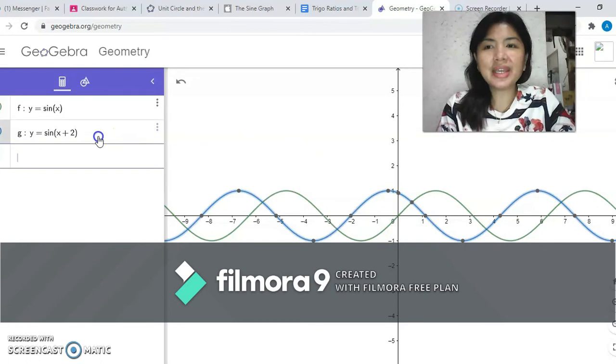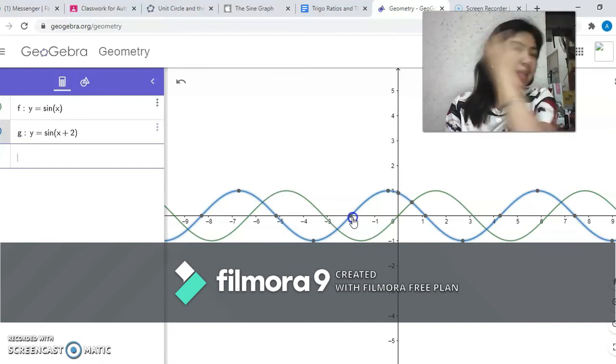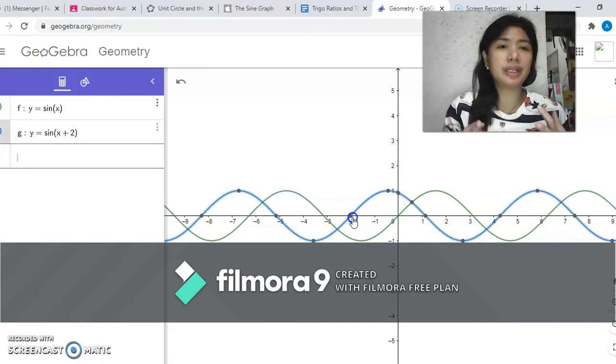And with C equal to positive 2, the starting point of the sine wave shifted 2 units to the left. It's not 2 units of the Cartesian plane, but a unit of the whole period.